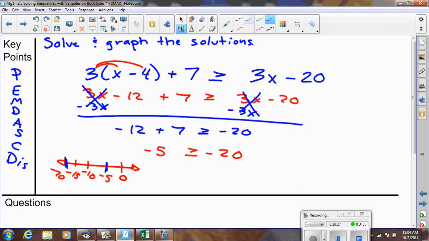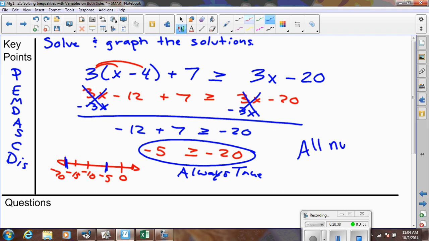Because this stage here is always true, it means all numbers are solutions. There is absolutely nothing that won't work. Which finishes it up.